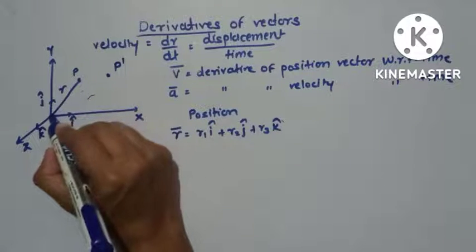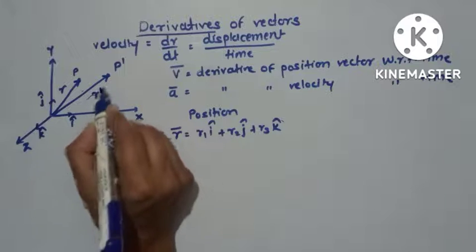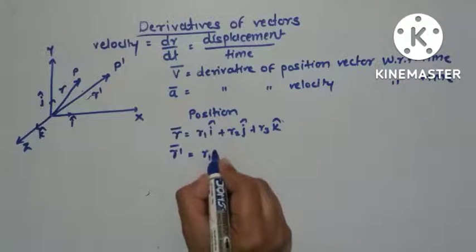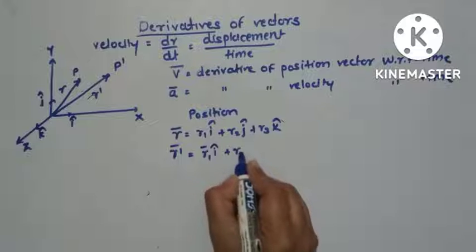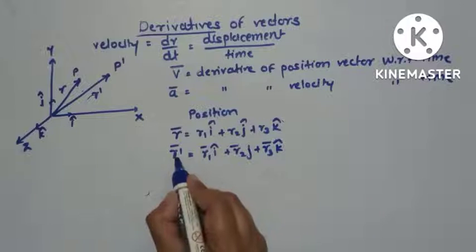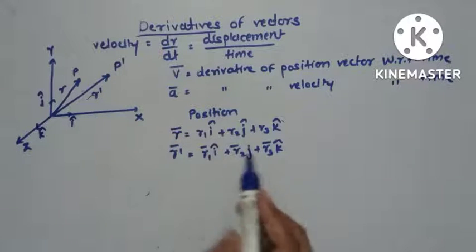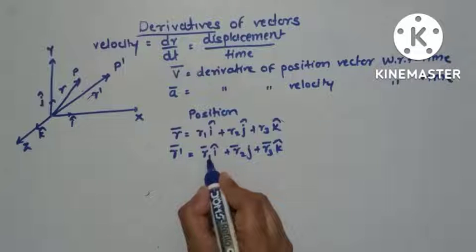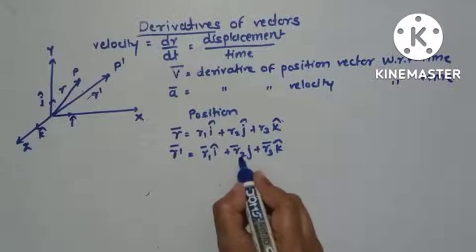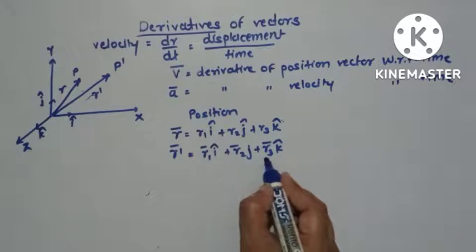If there is another position vector r dash which represents the position of P dash, then this r dash can be given by r1 dash i plus r2 dash j plus r3 dash k, where r1 dash, r2 dash and r3 dash are the magnitudes along the x, y and z directions.